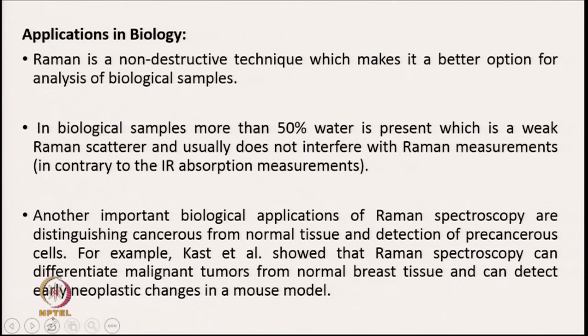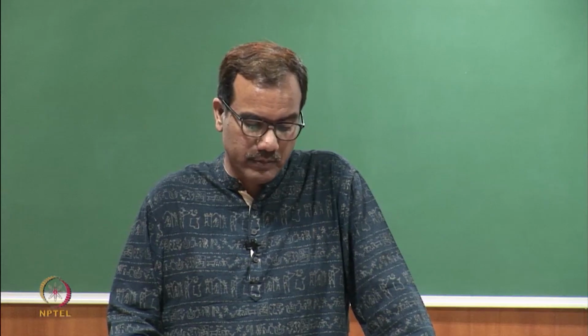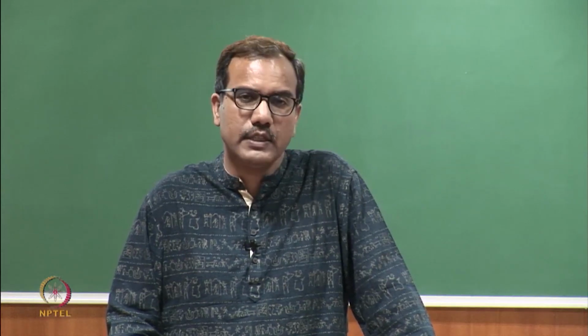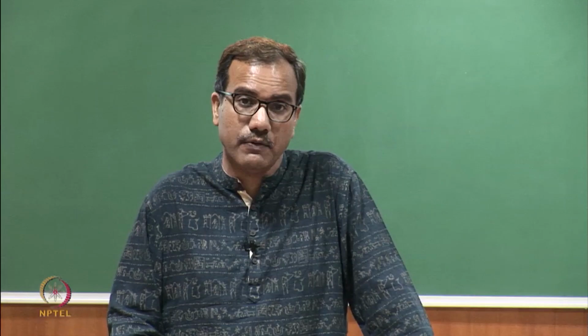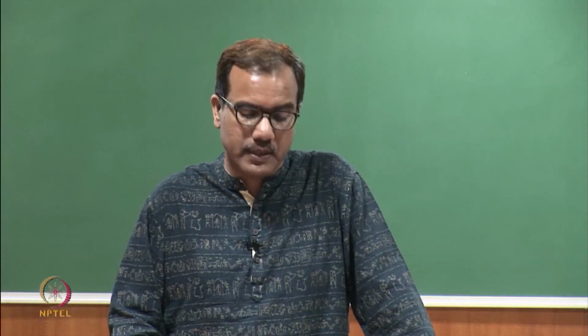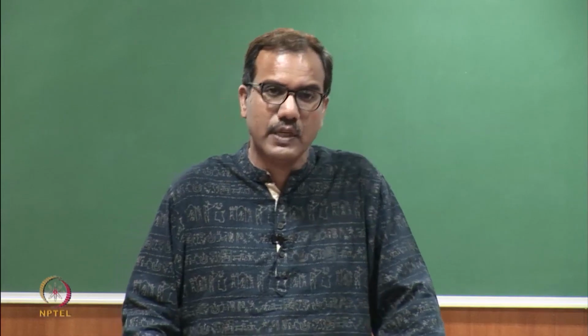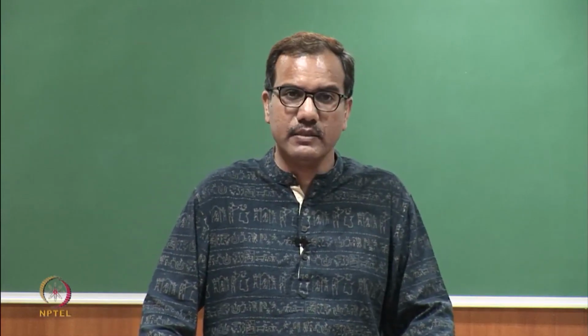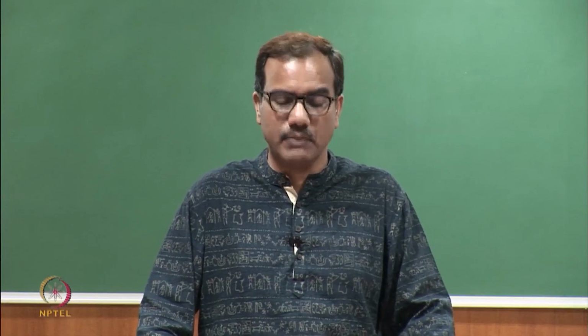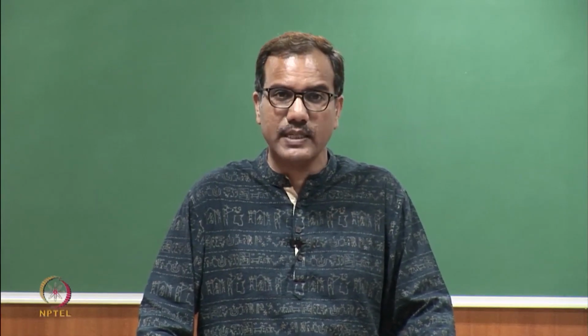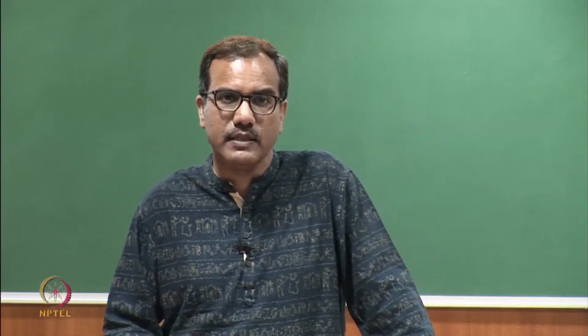So, in this lecture we have seen the theory of rotational spectroscopy and rotational Raman spectroscopy, and also looked at the application of this spectroscopy in both chemical analysis and biological analysis.